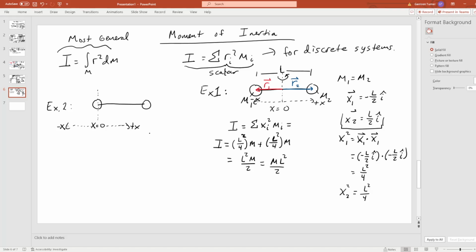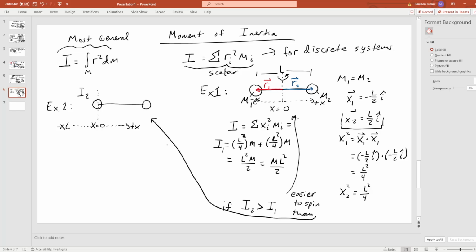So, as a result, if our result for the moment of inertia here, let's call this moment of inertia 1, this will be moment of inertia 2, if I2 is larger than I1, then what that means is it's going to be easier to spin in this configuration than for this configuration.